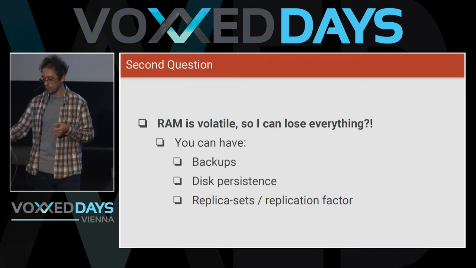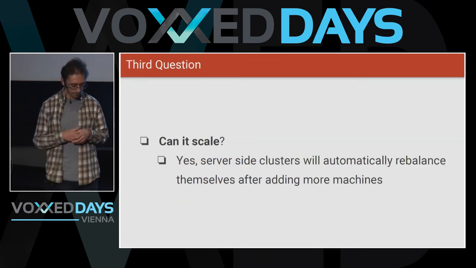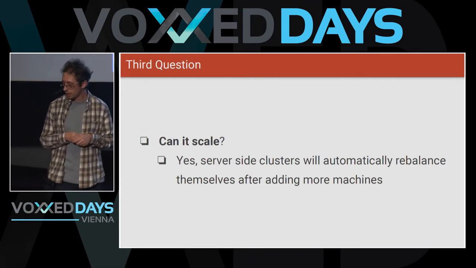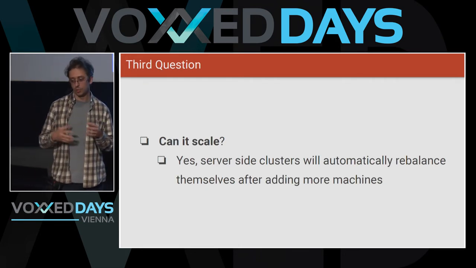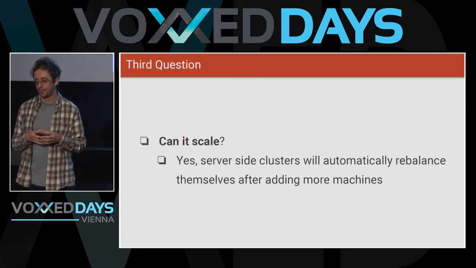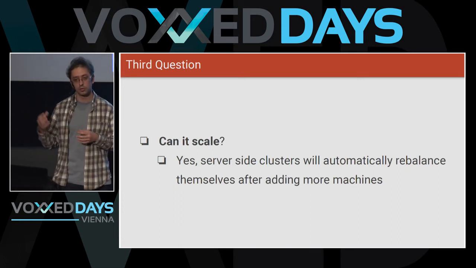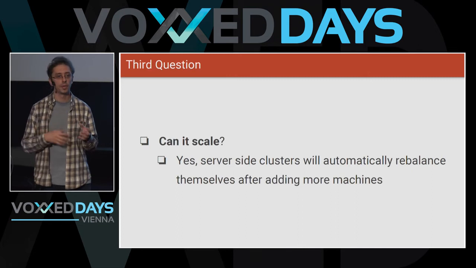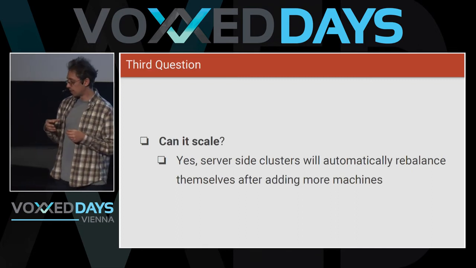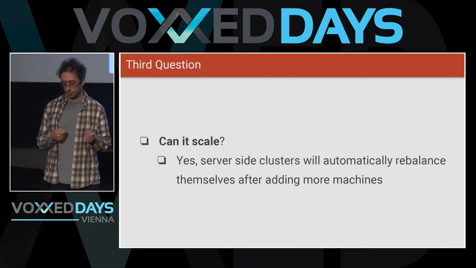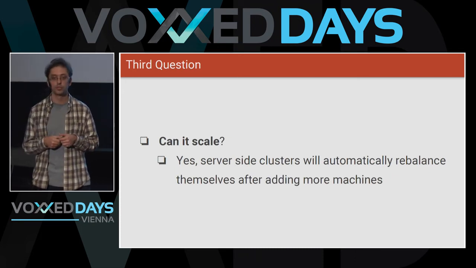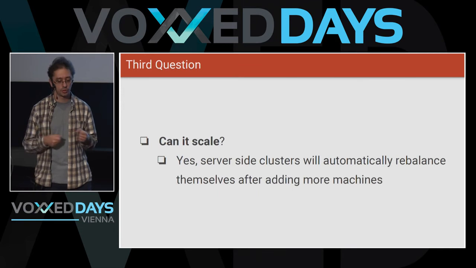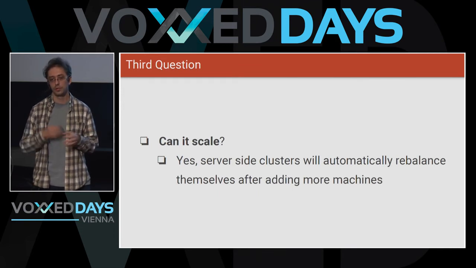So you can think of the next step: if your business keeps growing, you'll need to be able to scale such a solution too, your Memcache, your Redis. Both Redis and Aerospike support a server-side cluster, which means that you can add machines on the fly and the whole cluster will rebalance itself.